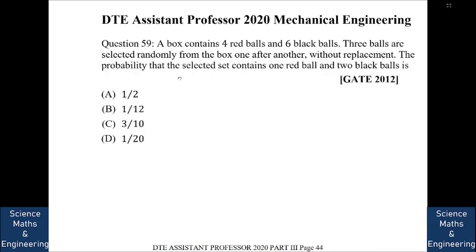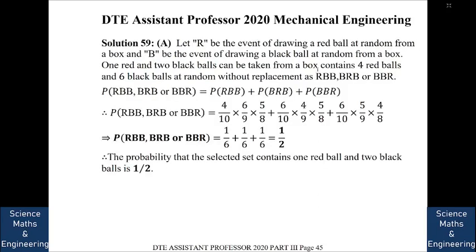So next question. A box contains 4 red balls and 6 black balls. 3 balls are selected randomly from the box, one after another without replacement. So it is without replacement. The probability that the selected set contains 1 red ball and 2 black balls is, so the answer is C. Let R be the event of drawing a red ball at random and B be the event of drawing a black ball at random.